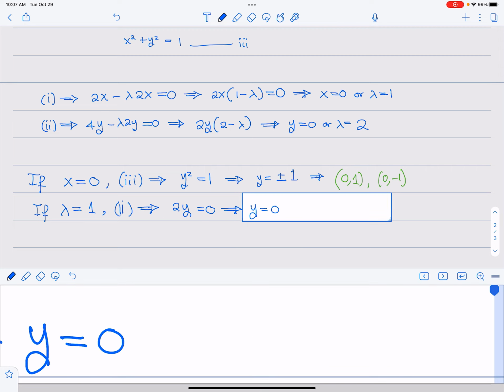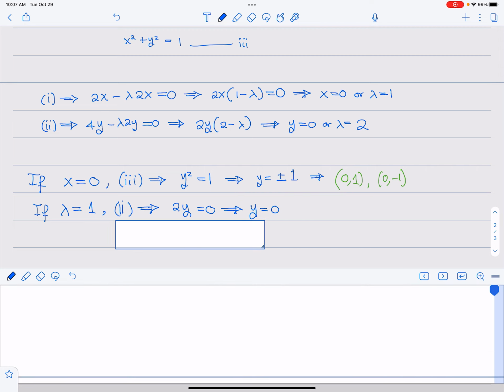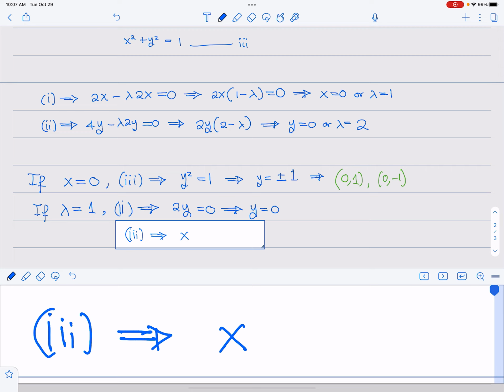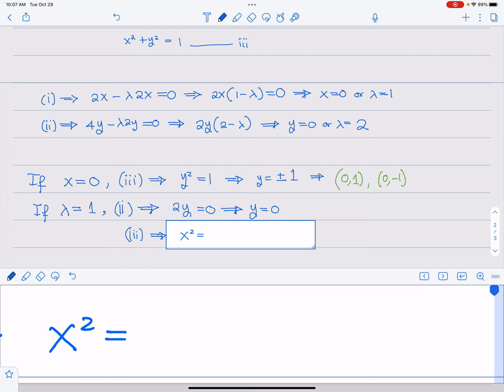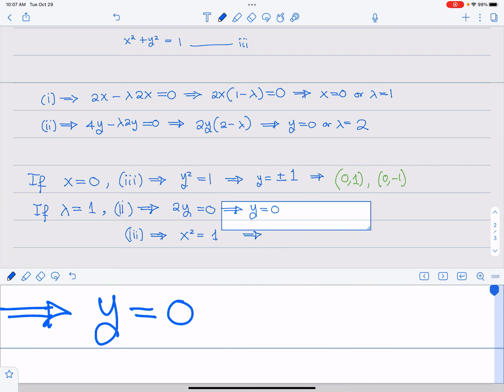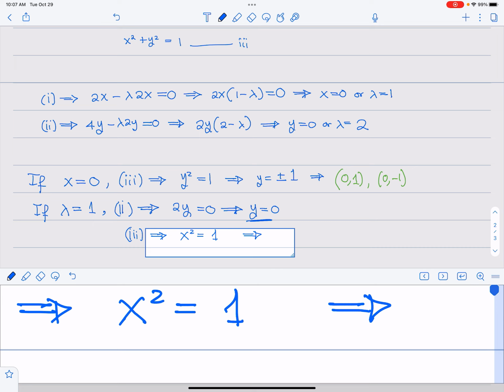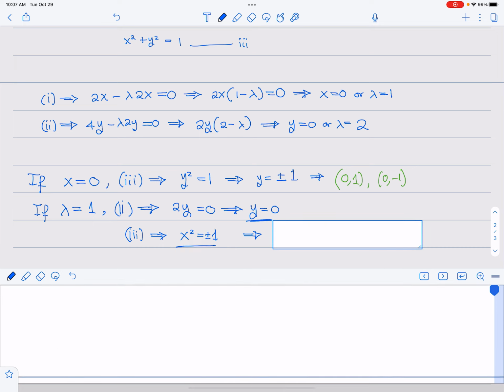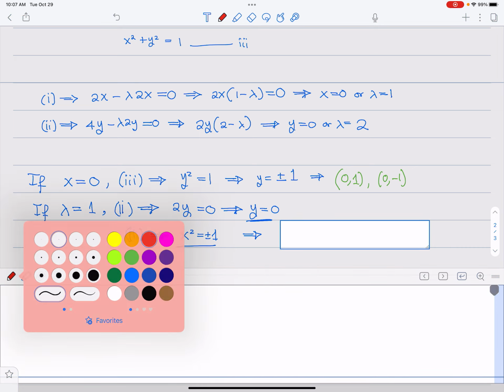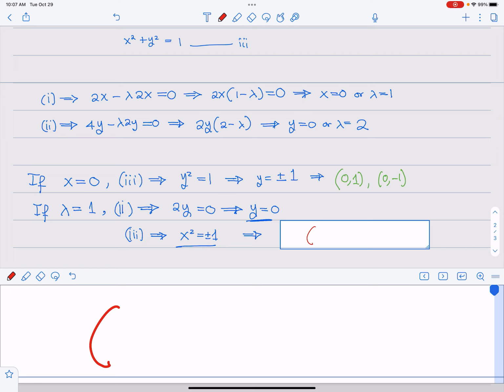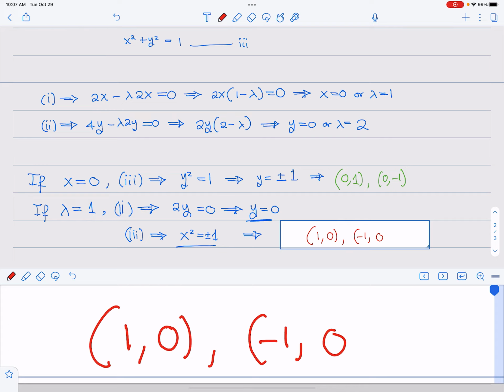But now, if y is 0, equation 3 now implies that x squared is equal to 1, which tells us that x is plus or minus 1. So this gives us x 1, y 0, and x negative 1, y 0.